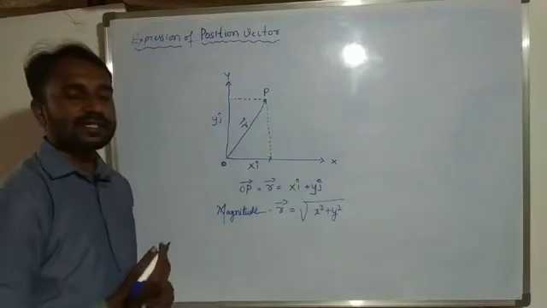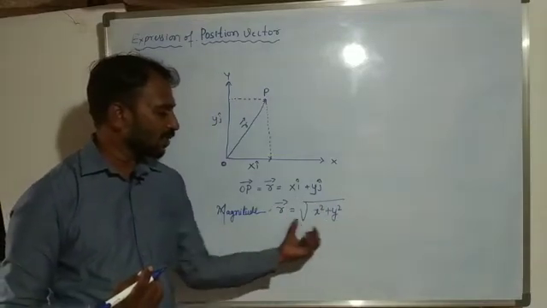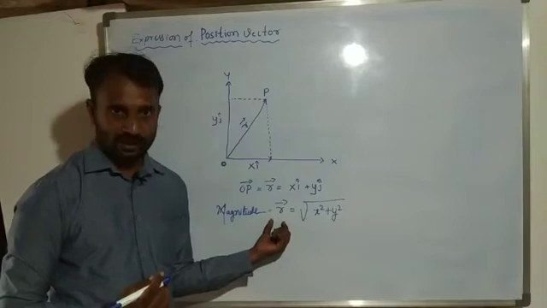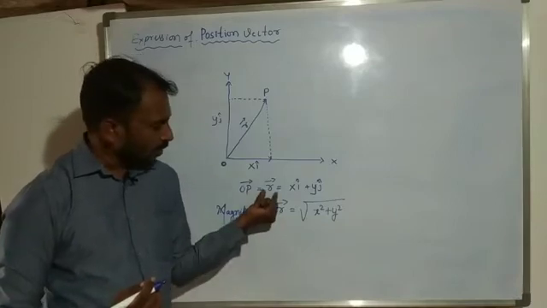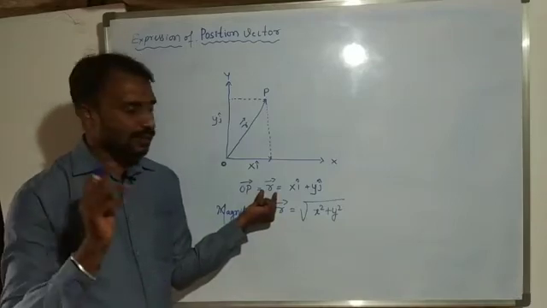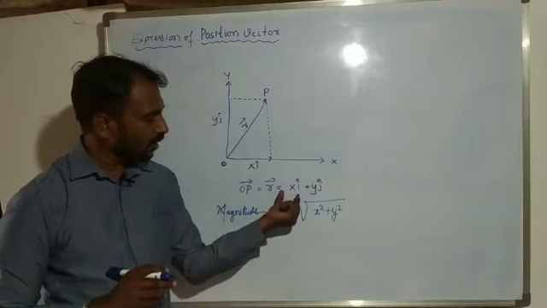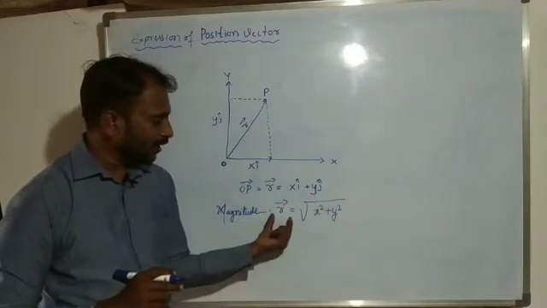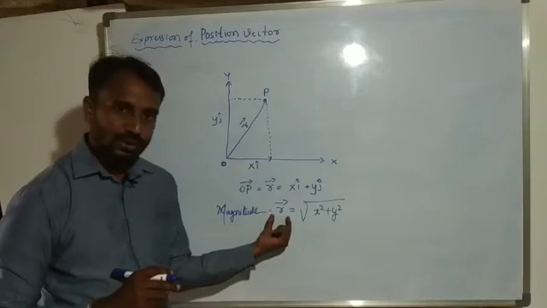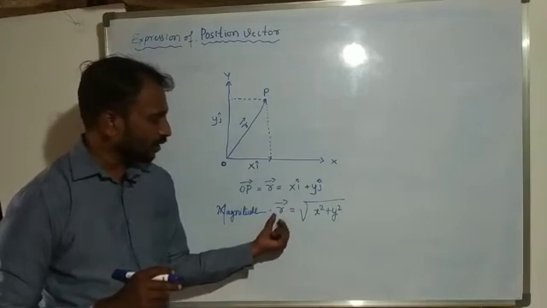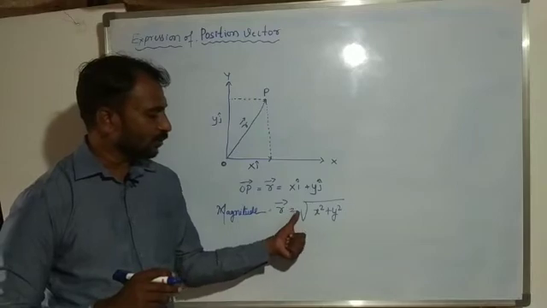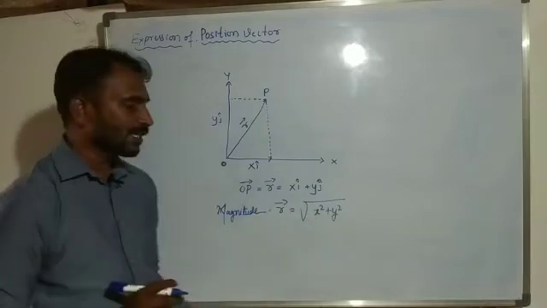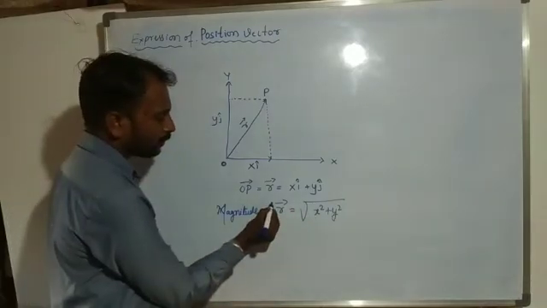This is the magnitude of this position vector. Vector R is equal to x i cap plus y j cap, and its magnitude is whole root of x square plus y square. Okay, you already know that.